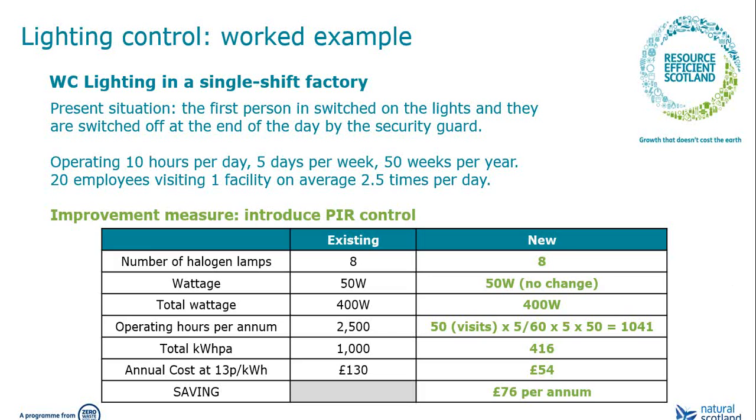And that brings the operating hours down to 1,041 hours per year, so less than half what we had originally. And you can see there the annual cost drops to £54 and a saving of £76 per annum. So a really good saving for a relatively small and relatively cost-effective change to make.